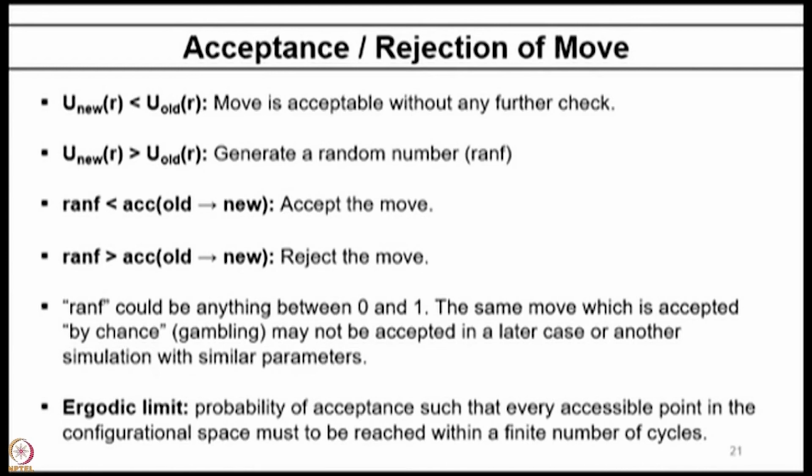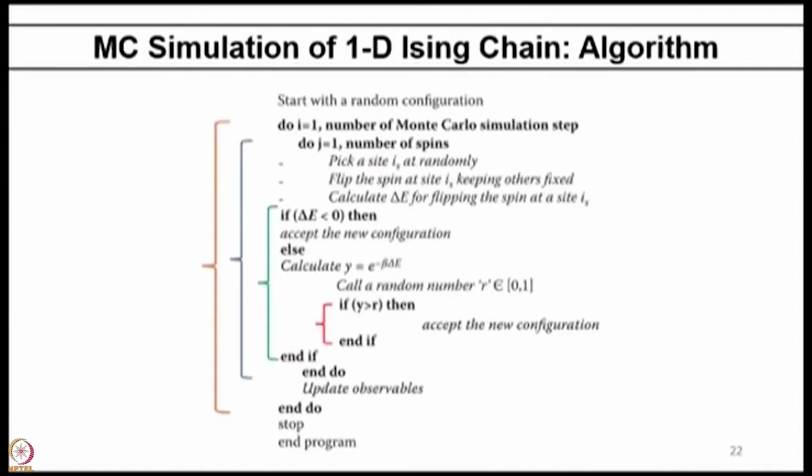You don't want to do it so slowly that you don't go anywhere. If you do not accept moves which are going up, for example, you will not go anywhere much of the time. Here again is the flow chart of the Monte Carlo simulation in the one-dimensional Ising model. We did that before.